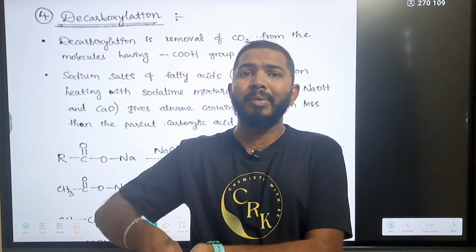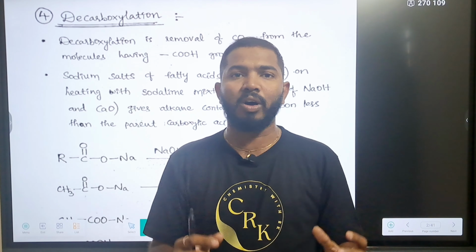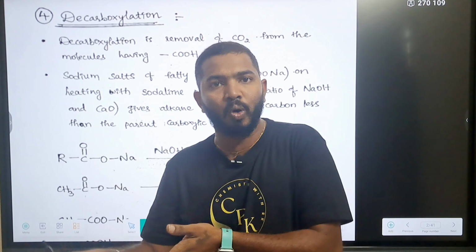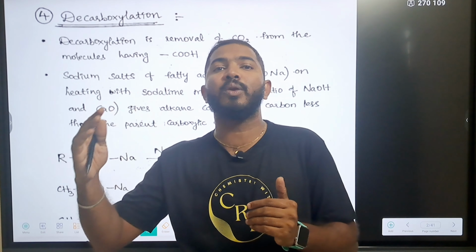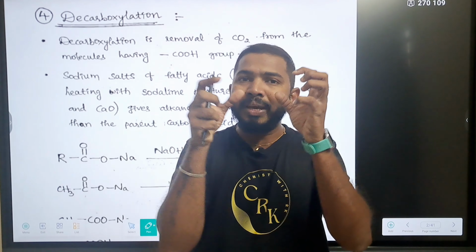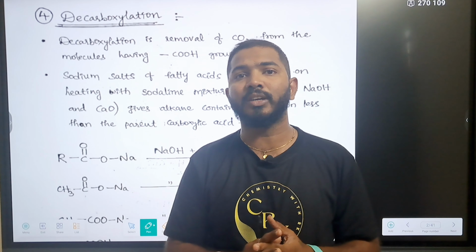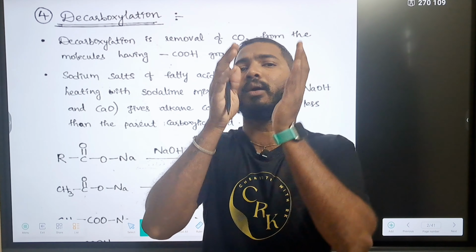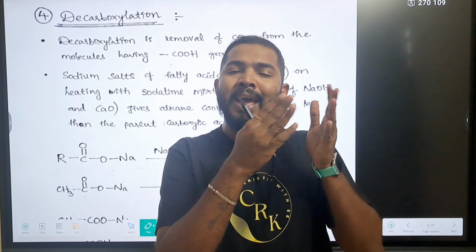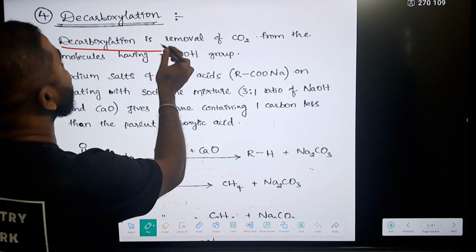Soda lime mixture is nothing but a 3:1 ratio of sodium hydroxide and calcium oxide, which is NaOH and CaO. Why do we need to use a 3:1 ratio of NaOH and CaO? The mixture of these two is called soda lime mixture, which is generally used as a drying agent. In order to make it work as an effective drying agent, we need to take specifically a 3:1 ratio of NaOH and CaO.